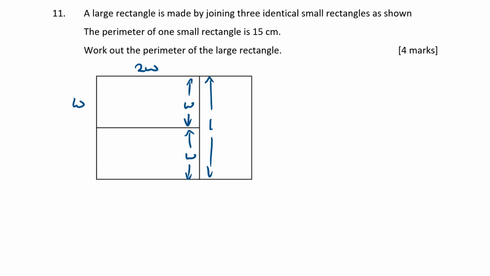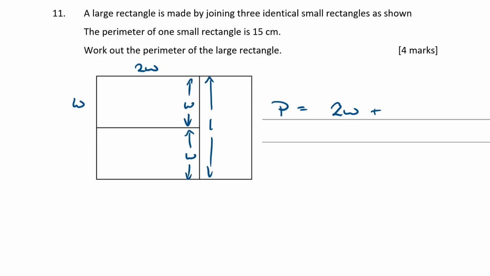So then its perimeter is going to be those four sides added together. So my 2W plus my W plus my 2W plus my W, going around the rectangle. So how many W's is that then? That's 6 W's altogether. And we're told that the perimeter of the small rectangle is 15.